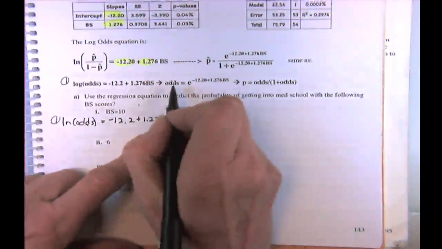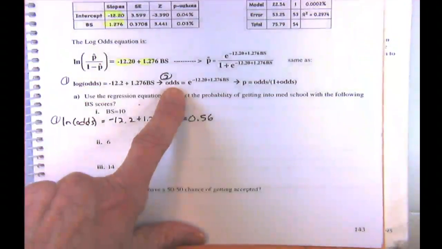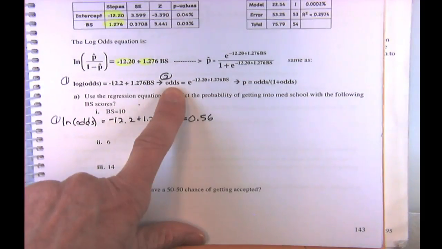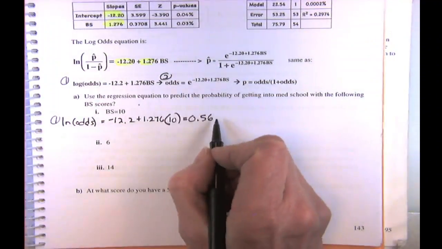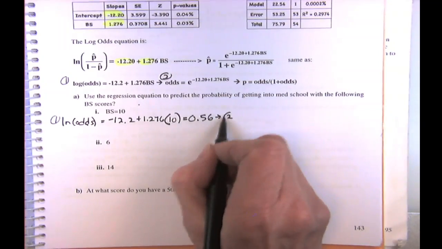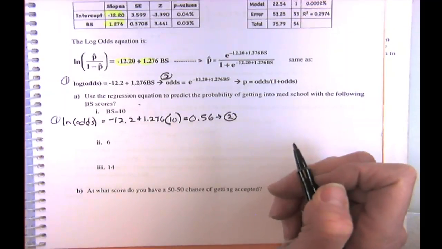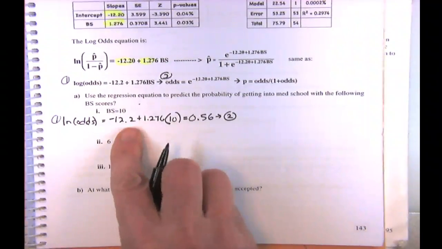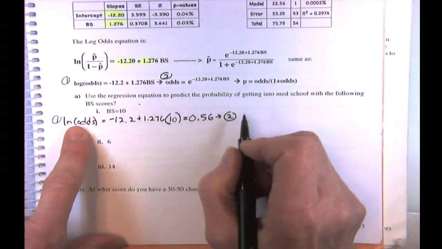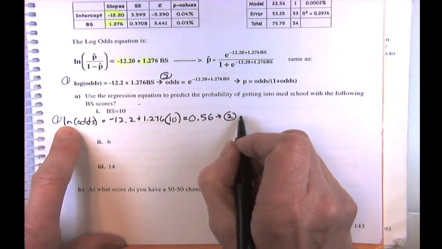So now I have to go to my next step, which is the odds, right? So how do you do that? You want to anti-log both sides. So you'd exponentiate each, so it's e.